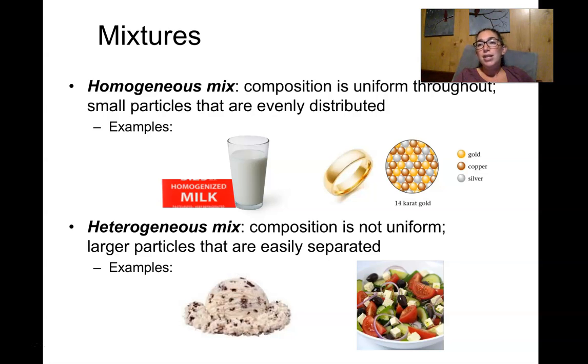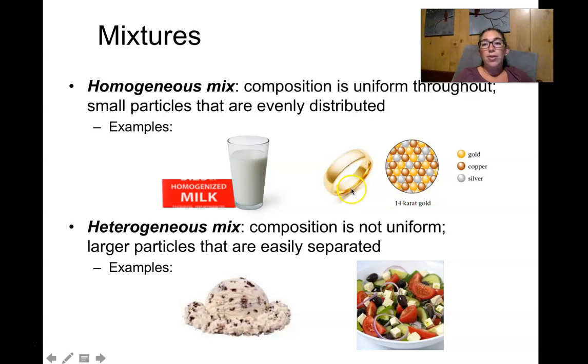So a homogeneous mixture, homo means same, and so a homogeneous mixture looks the same throughout. So milk looks like this, white, opaque liquid. You can't make out little differences in it. It looks the same throughout. And a lot of jewelry metals like gold or white gold are actually made from blends or alloys of metals.